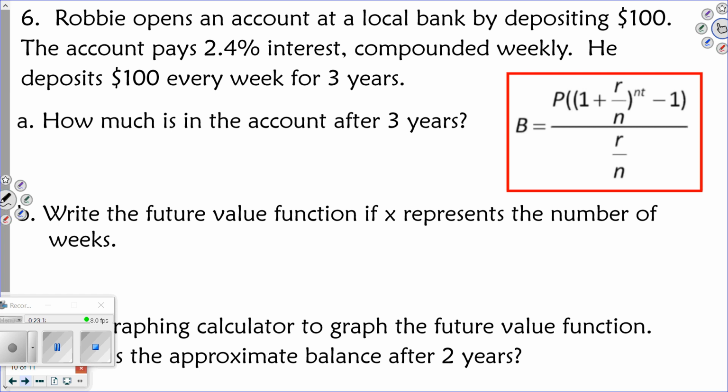I'll work it up here. You work it at your seat, write it down, type it in, see if you can get the answer, and I'll do it up here, and we'll compare.